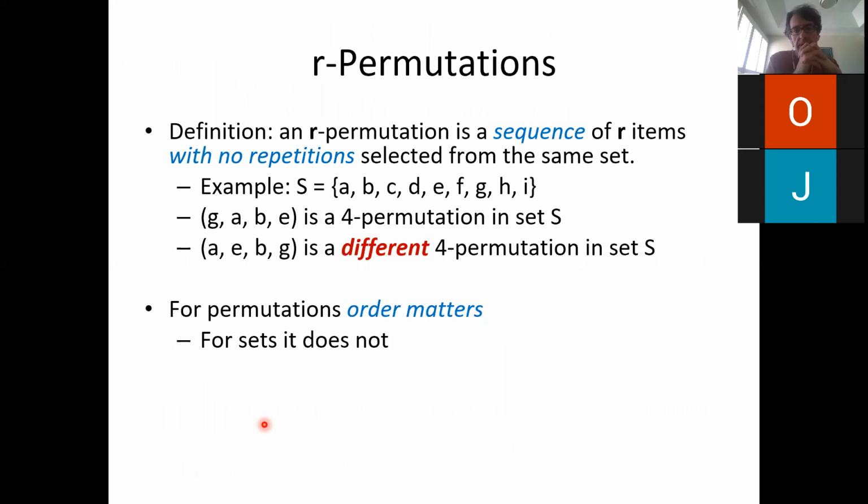An r-permutation is a sequence of r items from a given set, but unlike general sequences that we dealt with a few slides before using the product rule, there is a constraint that you cannot have repeats.